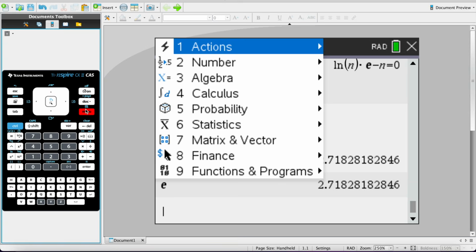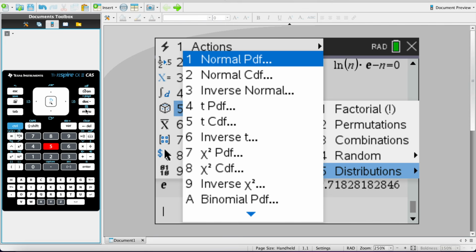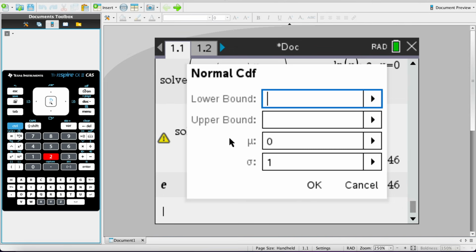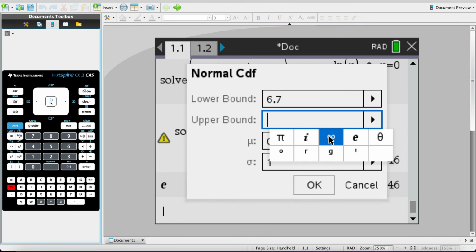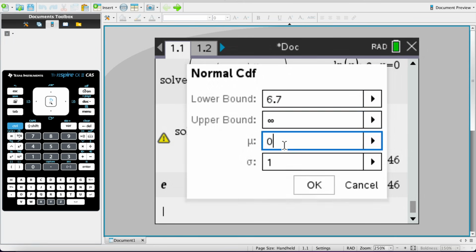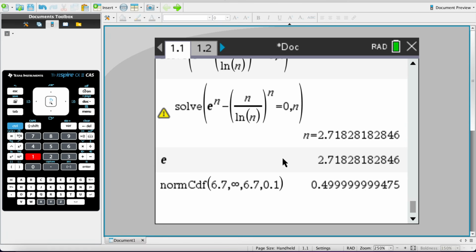So menu 552 is normal, and we want 6.7 all the way up to infinity. And the mean is 6.7, standard deviation is 0.1, and that's 0.49999, so you can just write 0.5.